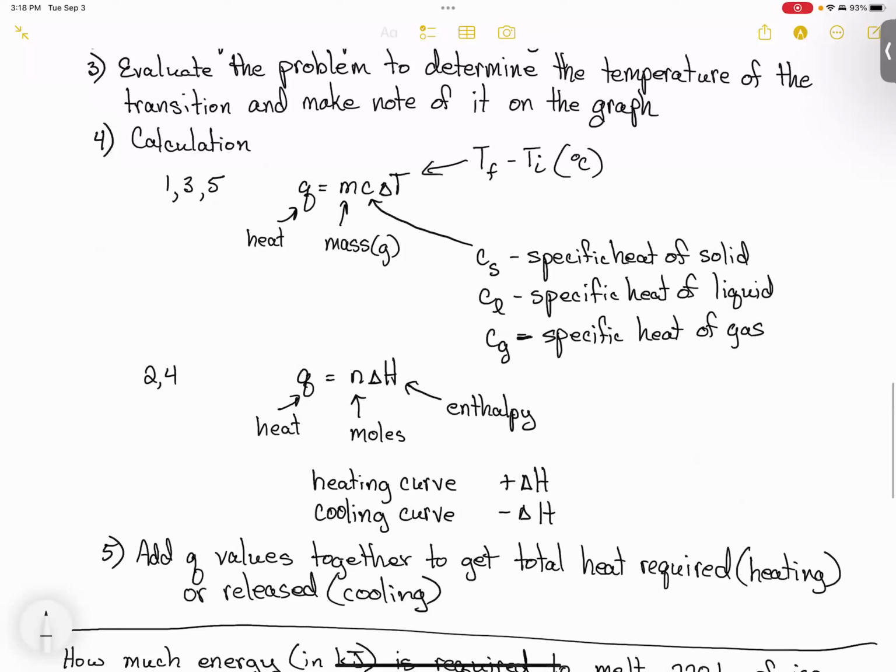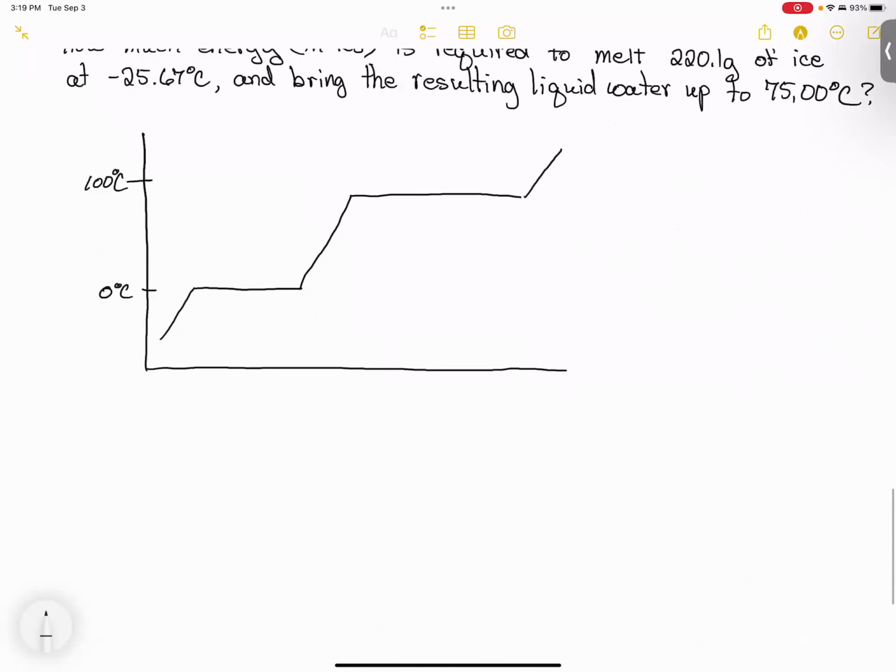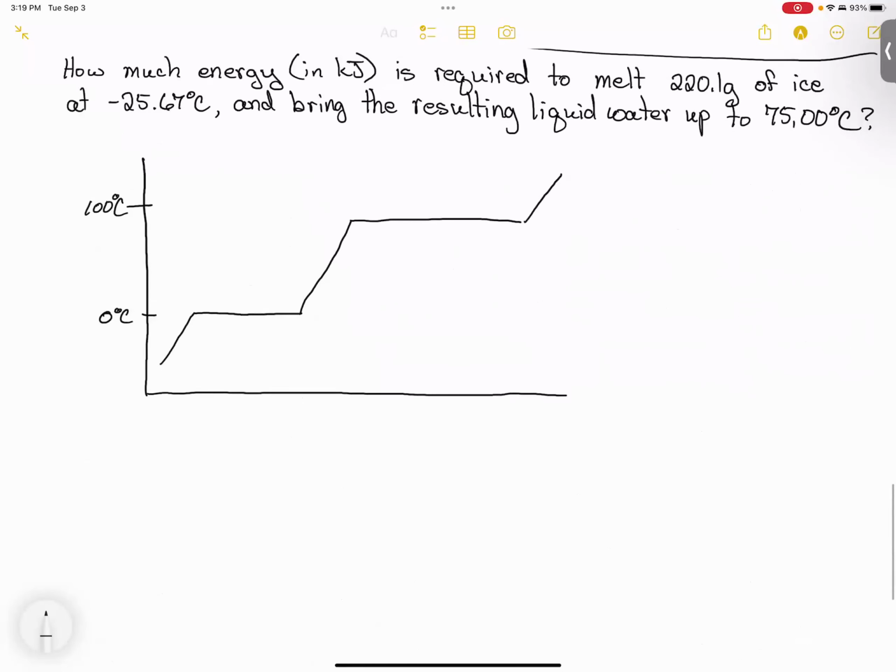Step three, evaluate the problem to determine the temperature of the transition and make note of it on the graph. I'm wanting to go from a negative 25.67 to 75. This does not have to be exact, folks.